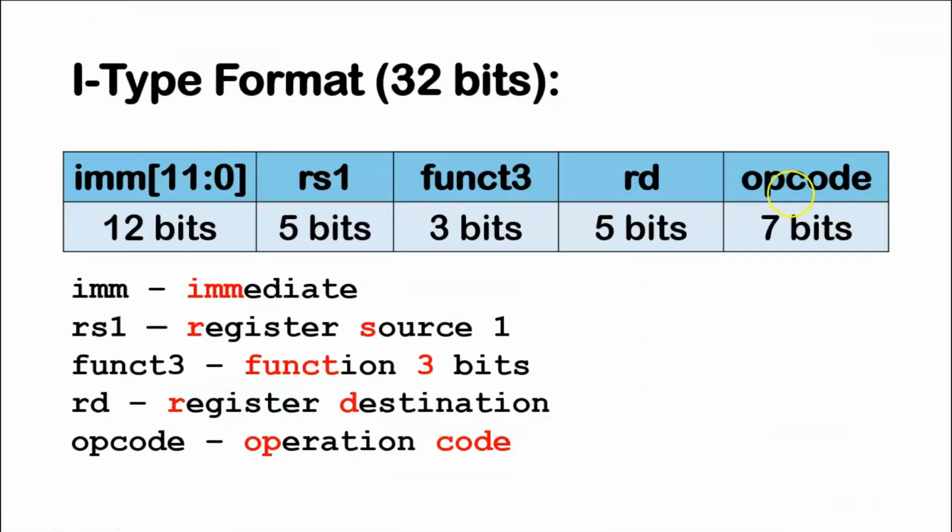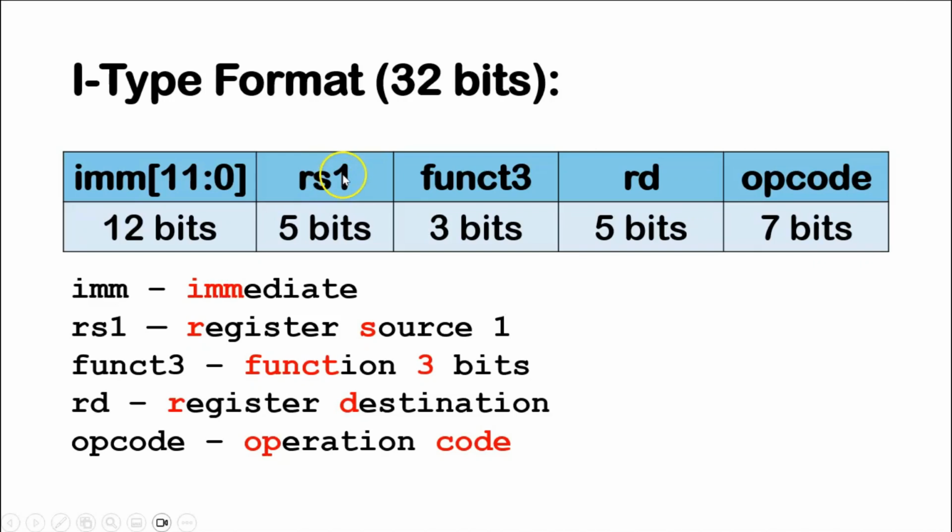Now, I mentioned different types of RISC-V instruction formats earlier. So what I'm doing here is highlighting the I-type format. This is a 32-bit instruction type. Okay, so we have the 12 bits here, that is the immediate.